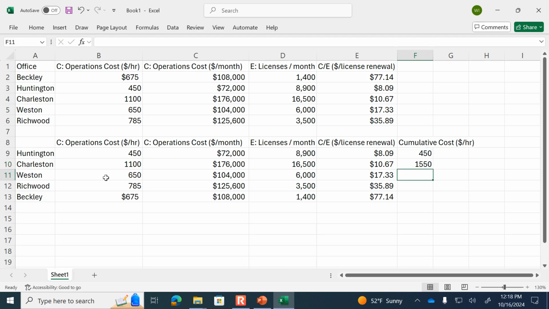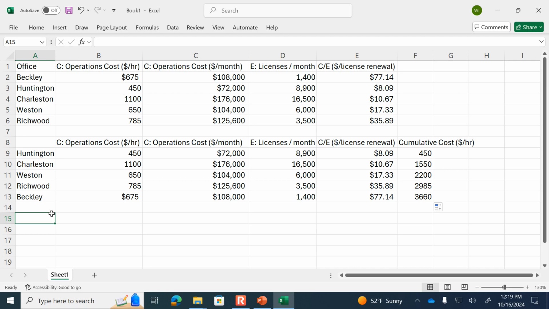All right, so if we now add Weston to the list, meaning that we have Weston, Charleston, and Huntington operational, then it will be the previous total plus the amount for this row for the operations cost. So, we can just drag this down and it will tell us how much we're spending based on which offices are open.